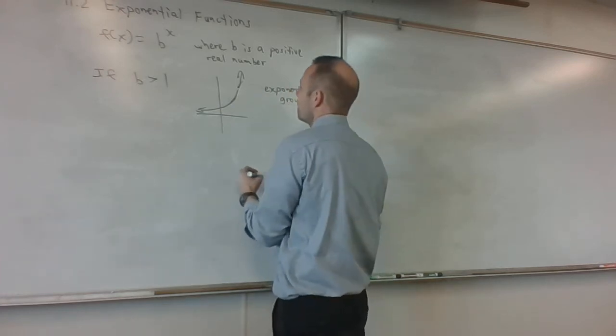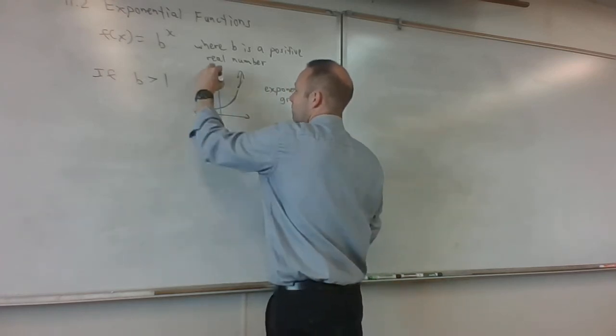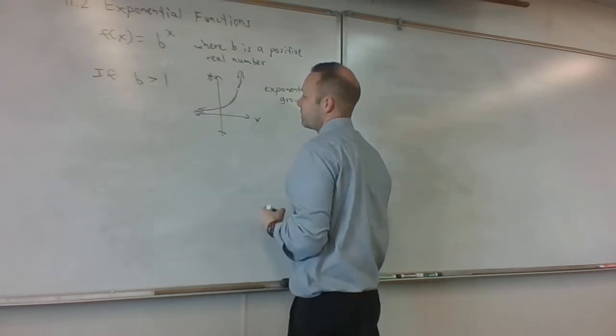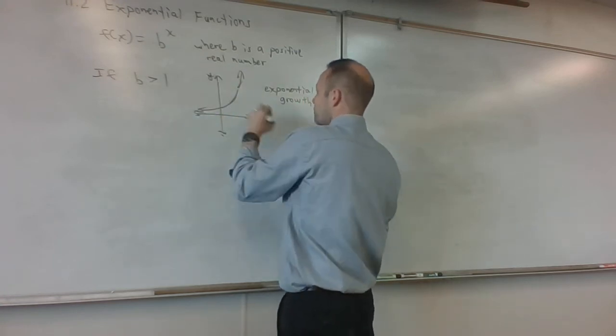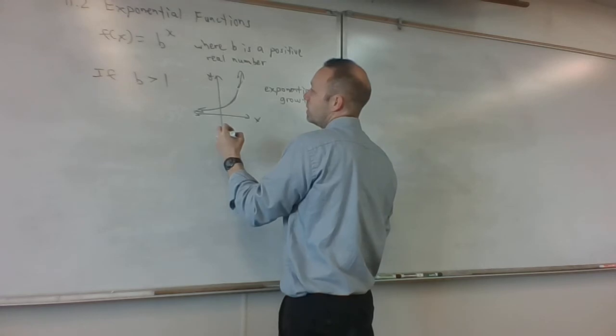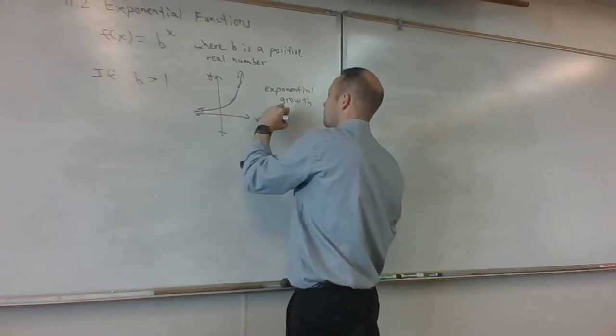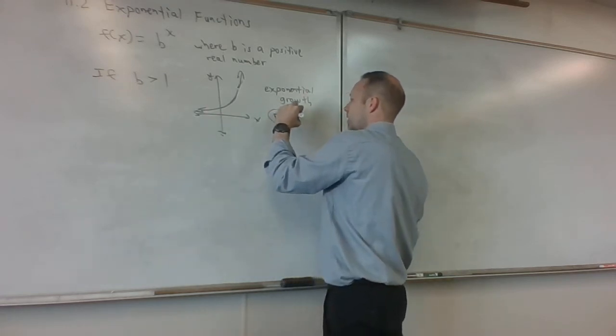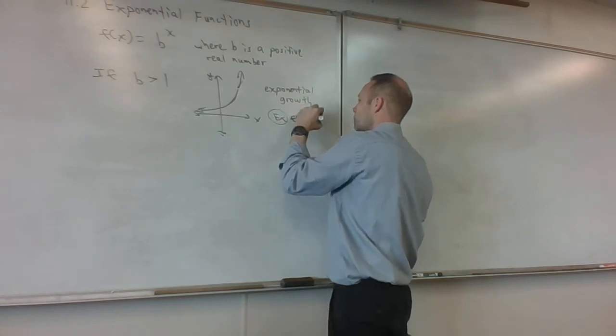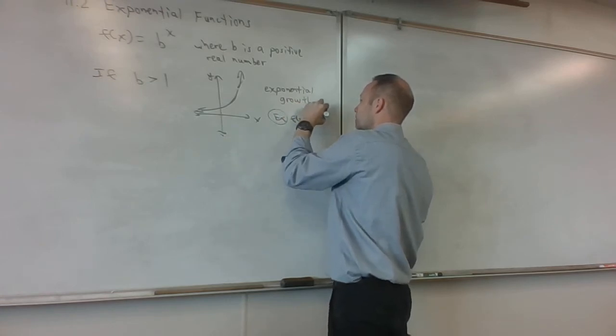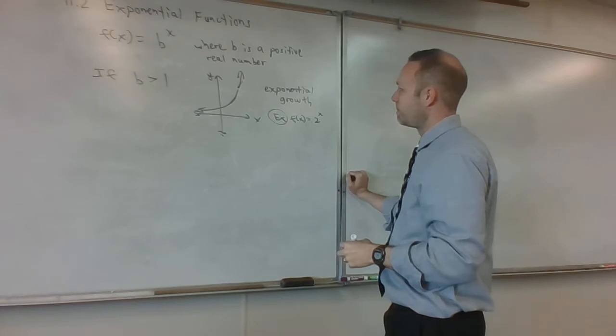Label the x-axis, y-axis, arrowheads. So it might be something like f of x equals 2 to the x.